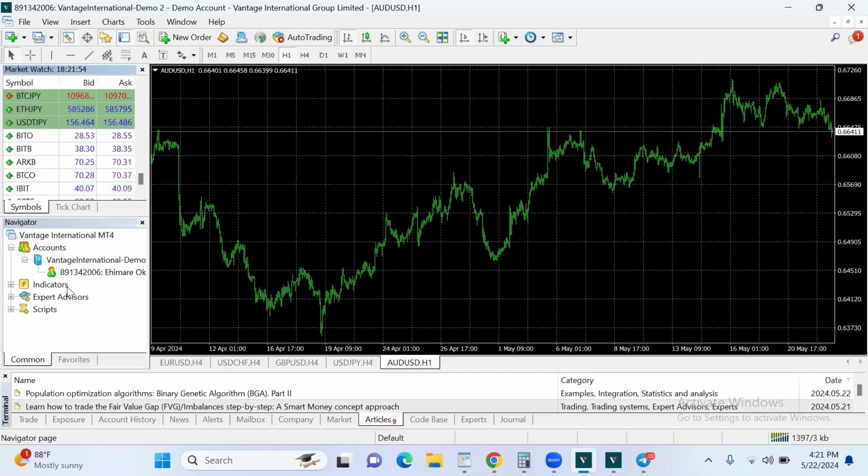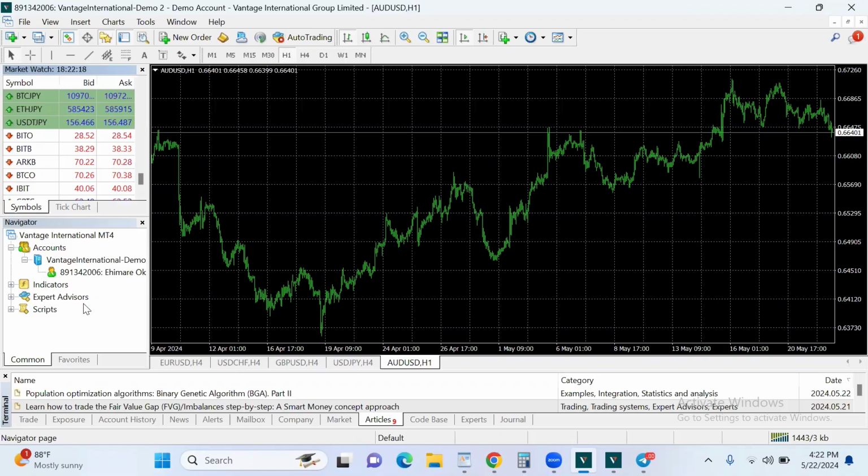They are built into MetaTrader itself by the company that built MetaTrader, called MetaQuotes. They are the ones that built MetaTrader. All these indicators were developed by all kinds of people, but MetaQuotes incorporated them into MetaTrader, right?